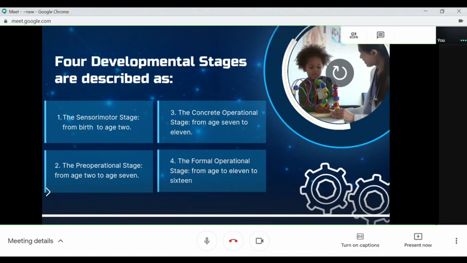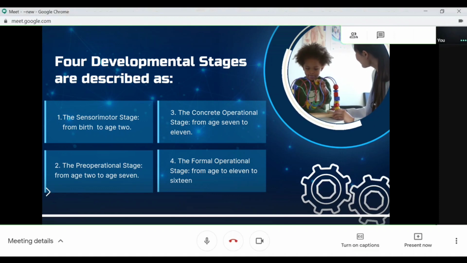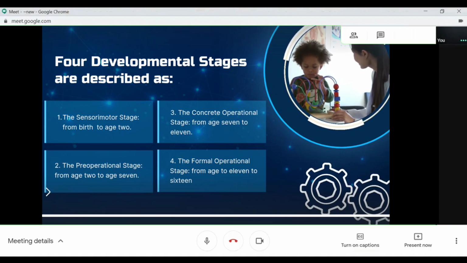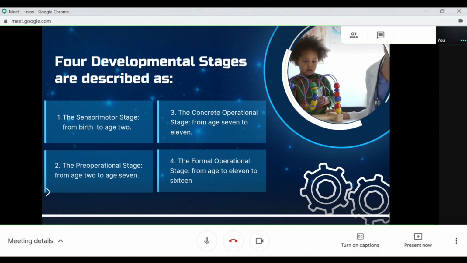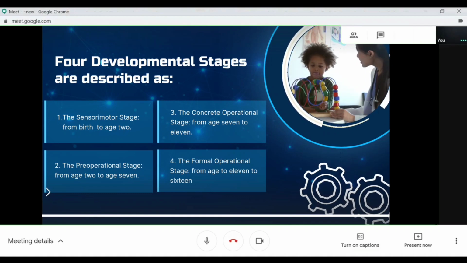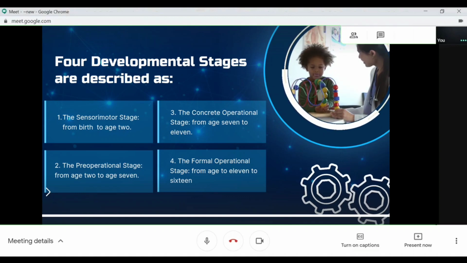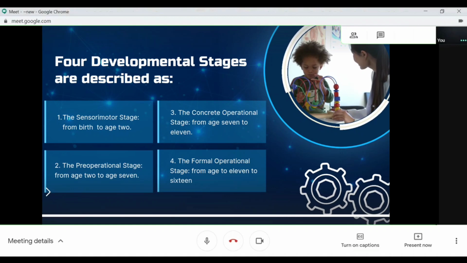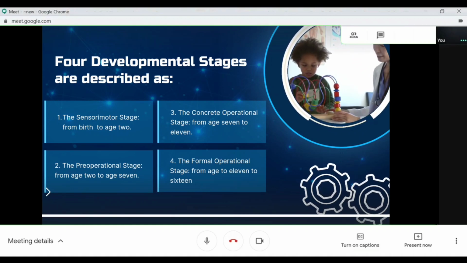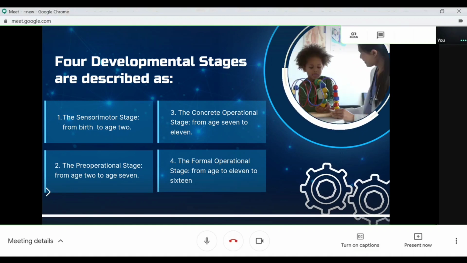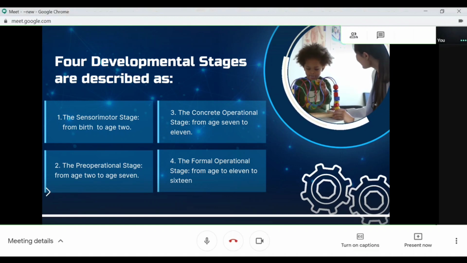The four developmental stages. First, the sensory motor stage, from birth to age 2. By this stage, the child discovers the differences between themselves and their environment, and learns about the world by using their senses to interact with their surroundings.